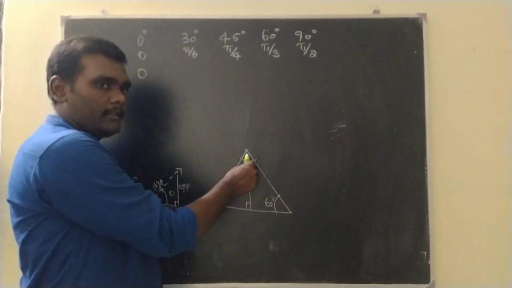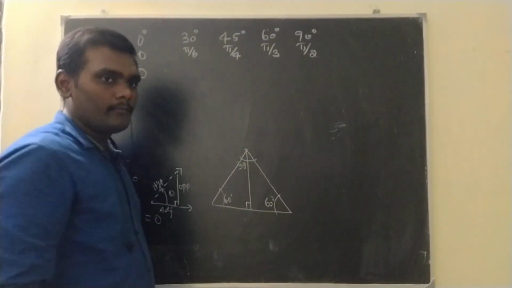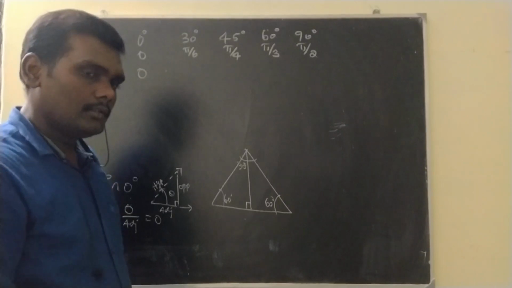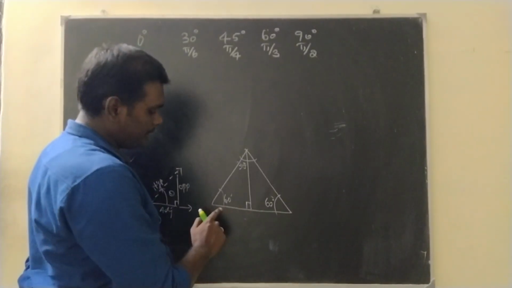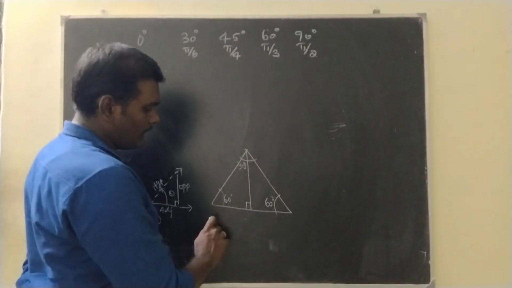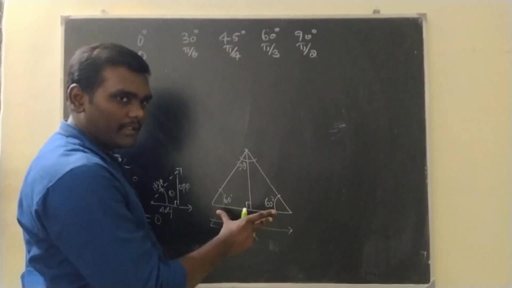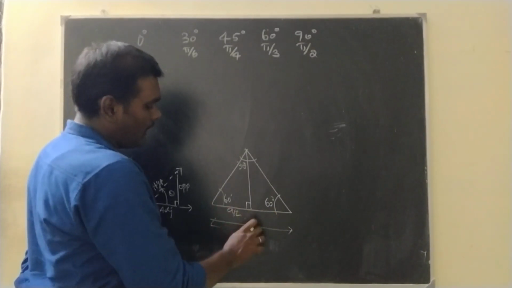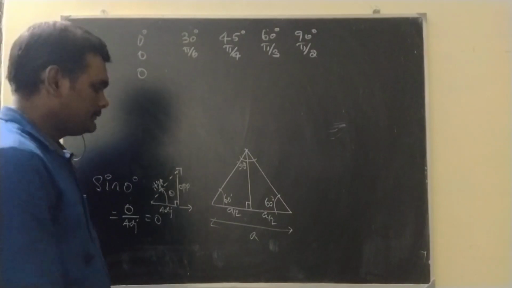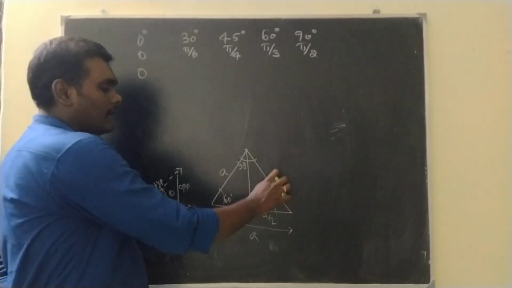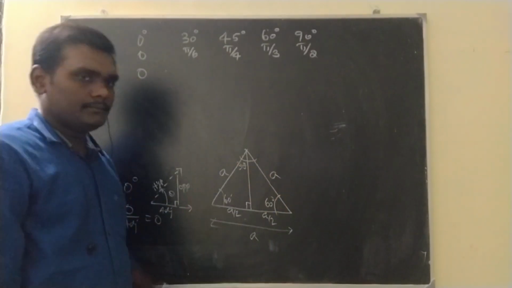Now the 60 degree is split into two equal halves, so this becomes 30 degree. Let A be the length of this side, and this will split the base, so this half is A by 2, this half is A by 2. All the sides are equal in an equilateral triangle, so let all the sides be A.